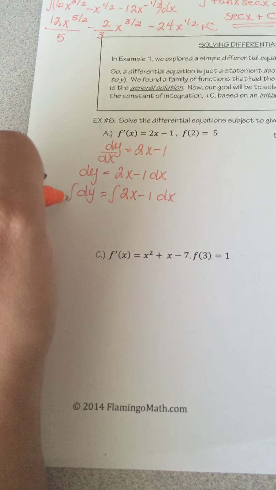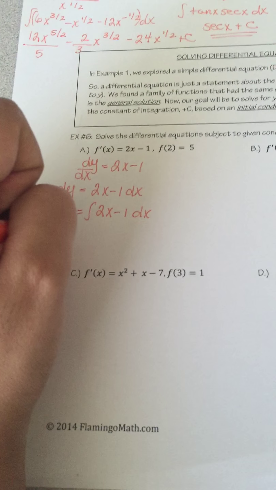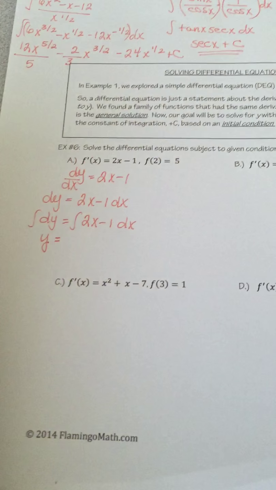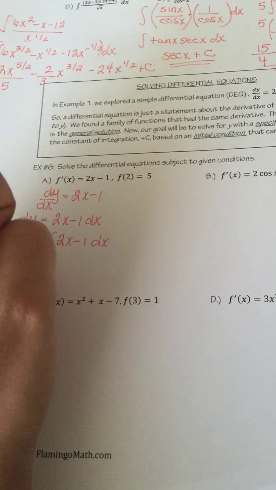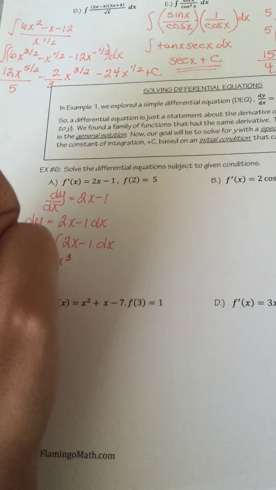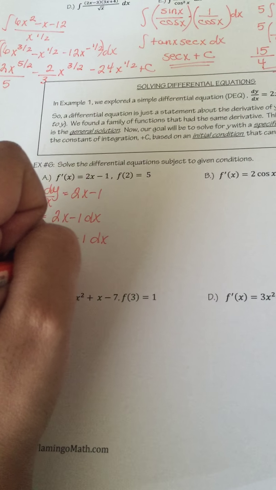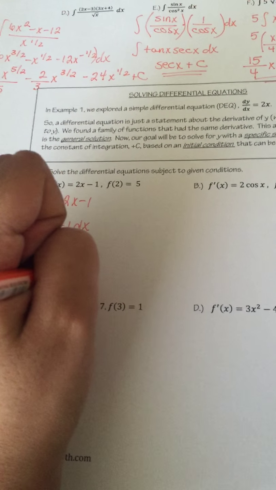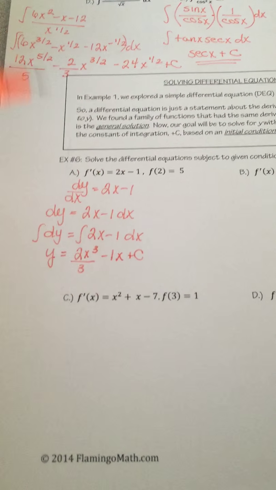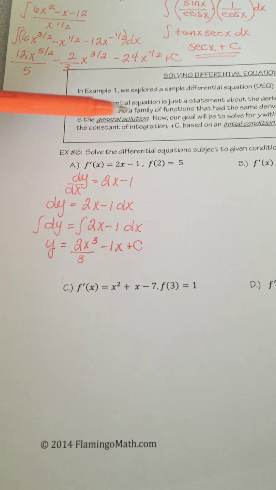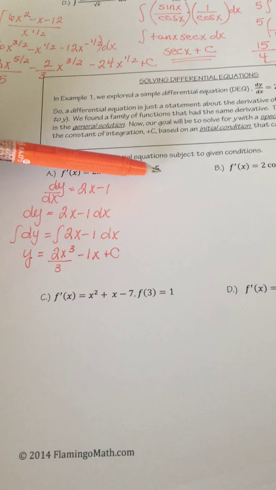So the integral of dy is just y equals, and then we take the integral of this side, which would be 2x cubed over 3 minus 1x plus c. Given that we're looking for an equation, we have to use our initial condition of 2 and 5.